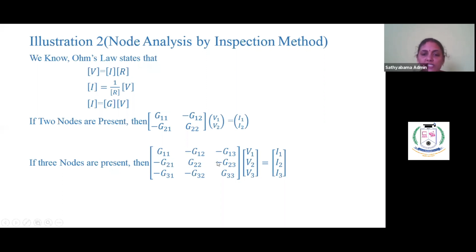The same way as we had discussed here, G11 is going to be the total conductance connected to node 1. G12 will be the total conductance connected between node 1 and node 2. G13 will be the total conductance connected between node 1 and node 3. So likewise, it moves on for the entire matrix. V1, V2, V3, I1, I2, I3 are the voltages and the currents of that specific node.